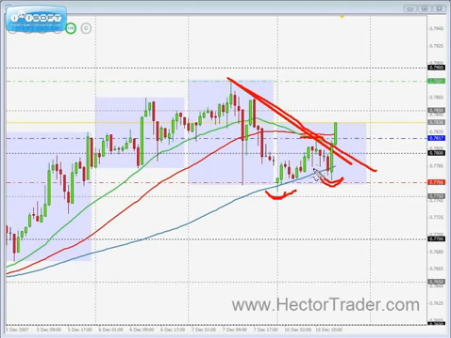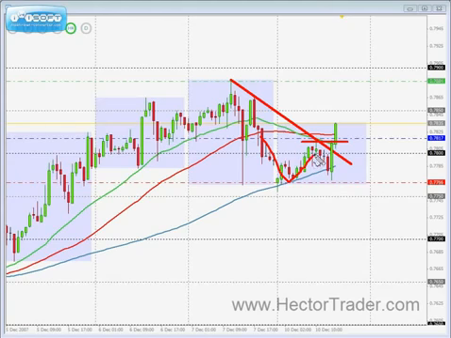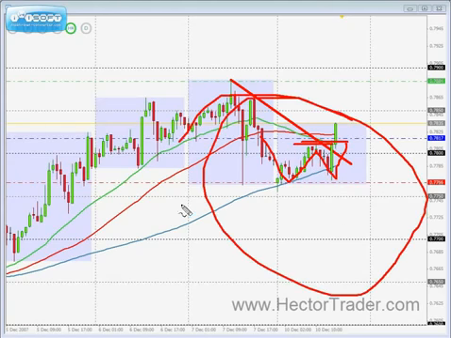We broke the reversal formation. This is a 1, 2, 3 reversal formation, by the way, guys. 1, 2, 3, and off it goes, breaking the retracement trend line, breaking the aspect number 2. This is the W formation midpoint right there. This is a bullish reversal formation, by the way, guys.